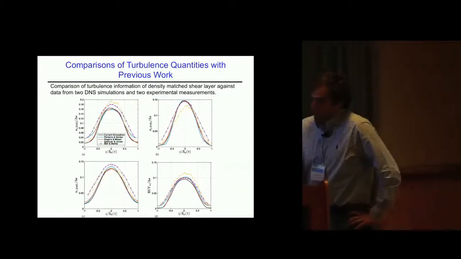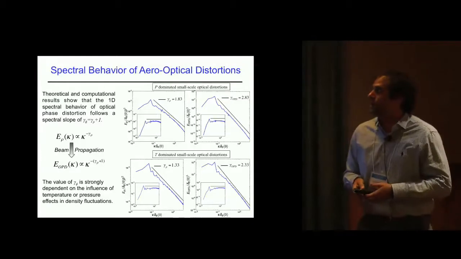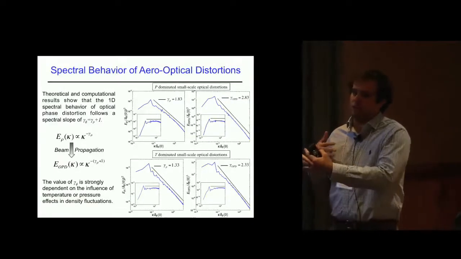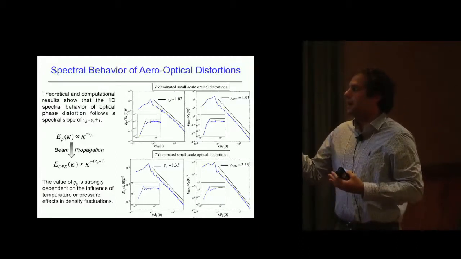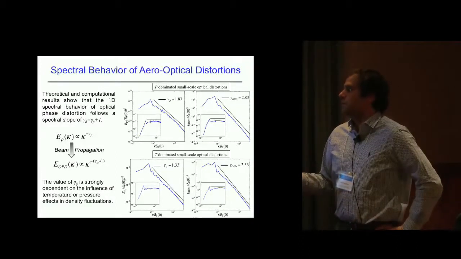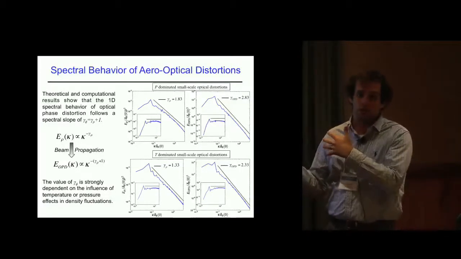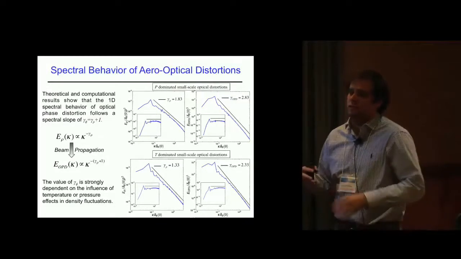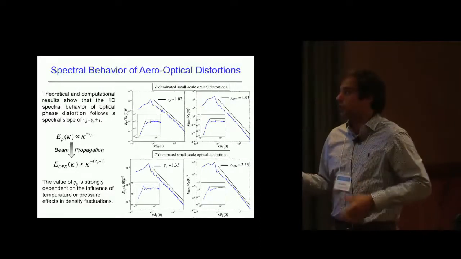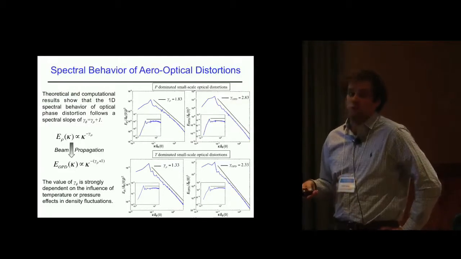And so this is kind of one of the punchlines. If you do the theoretical wave propagation given some kind of index of refraction field, you can show that if the density fluctuations obey some kind of log law behavior in the inertial subrange, then you'd expect the beam propagation to happen, and then you have the OPD, or the phase distortion of the optical beam, go in that inertial range as the slope of the density plus 1.